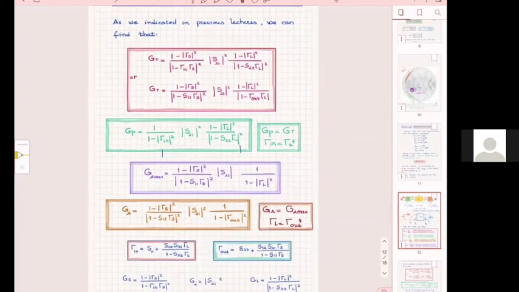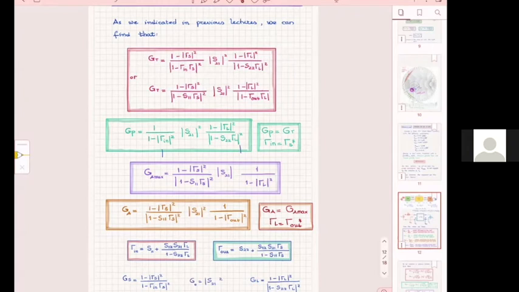Here is how we, from previous lectures, have found G sub T. There are two formulas that can give G sub T. The first is a function of gamma S and gamma in plus the scattering parameters. The second is a function of gamma L, gamma out, and gamma S. Both of them give identical results.